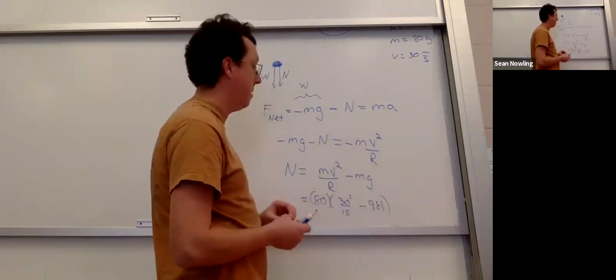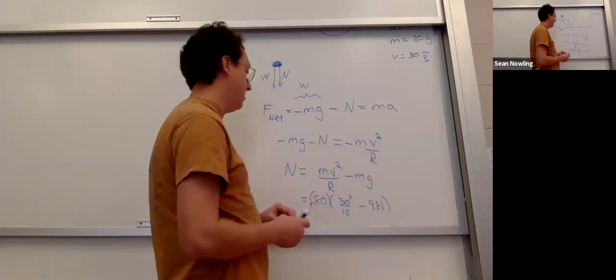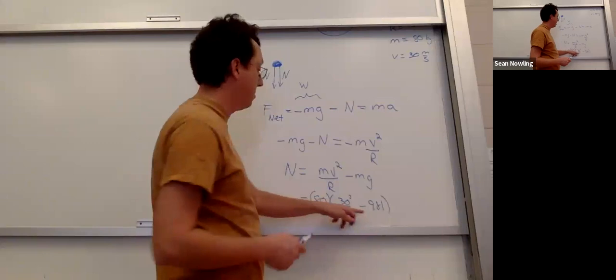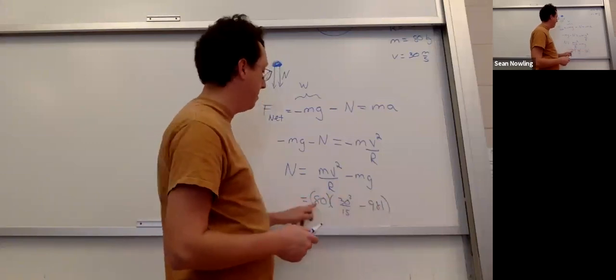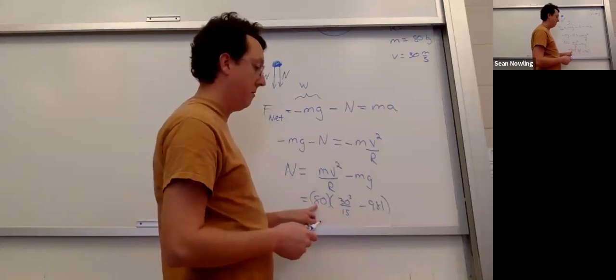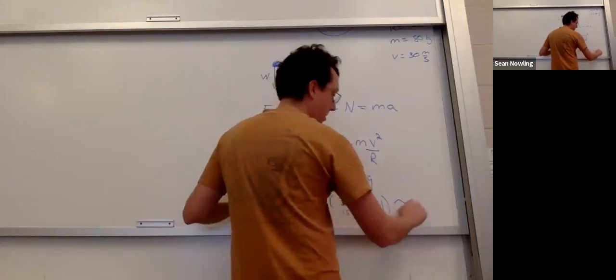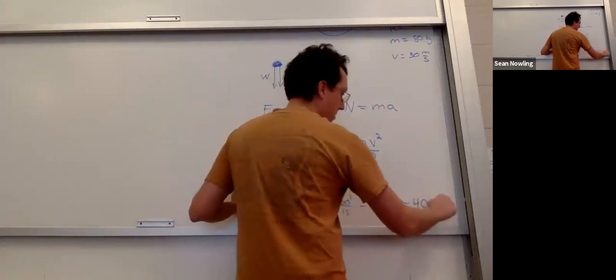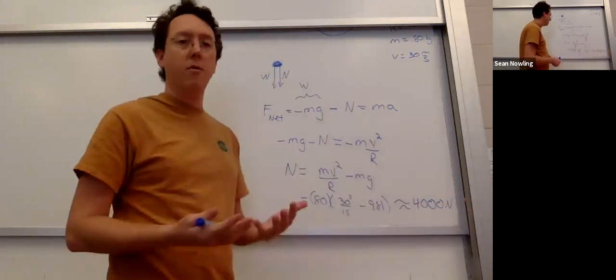60 minus 10 should be about 50. And then I have to multiply by 80, so this is about 50 times 80. That's going to be 4,000 approximately. So approximately 4,000 newtons in round numbers.